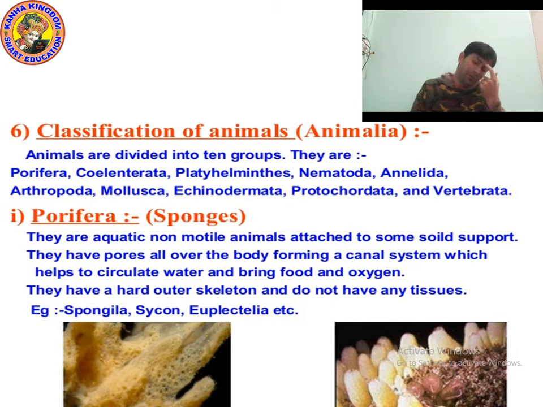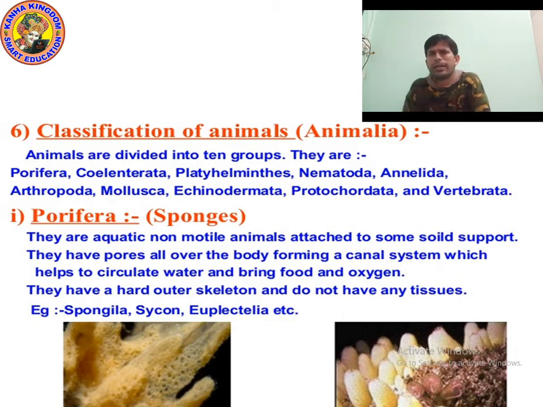The word porifera contains the word pore, which is porous, means they have holes. They form a canal system, like in a canal where water moves. Their pores form the canal system which helps to circulate the water.